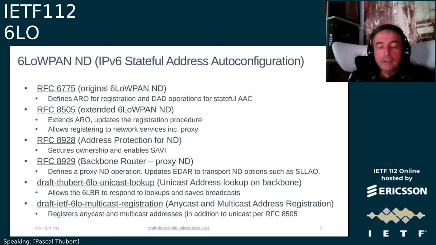For all the addresses which are registered to the 6LBR, the 6LBR could definitely answer as a unicast request response exchange to an address lookup, as opposed to doing the multicast NS lookup that you all know ends up as a broadcast on your system.